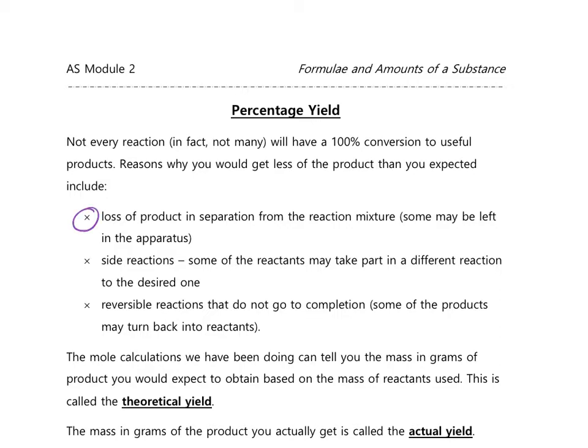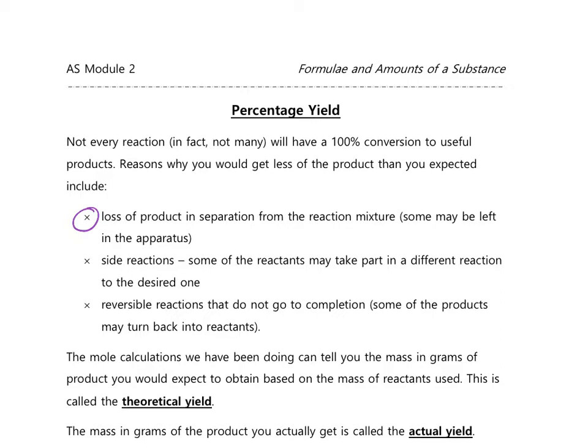One would be loss of product in separation from the reaction mixture. So if you're carrying out an experiment, maybe in a few different sets of apparatus, so you might start in a beaker and then filter it into a volumetric flask, for example, and then pipette it out into a conical flask.